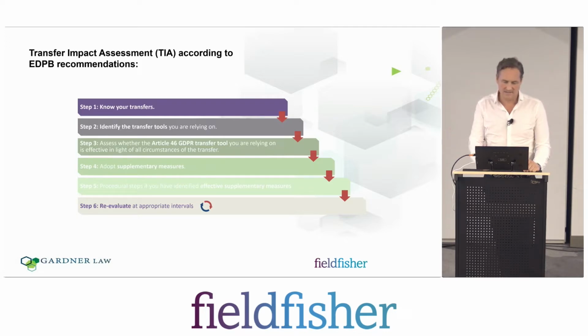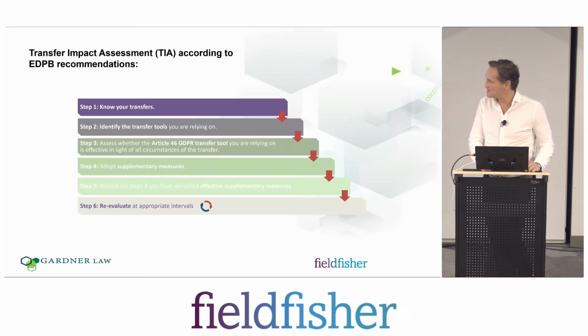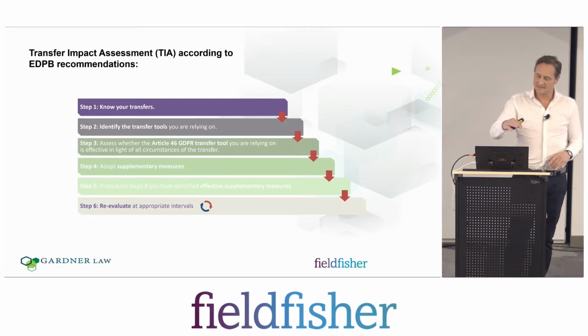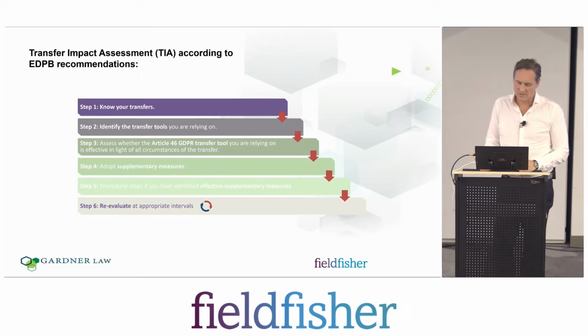And the last step is, of course, that you have to re-evaluate the TIA at appropriate intervals. That can be different from company to company, what is appropriate and what not. But at least the first 4 steps are important to take if you carry out such a TIA.